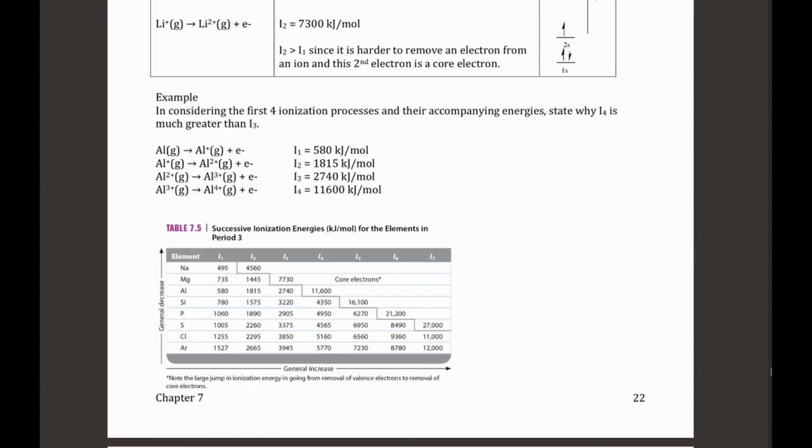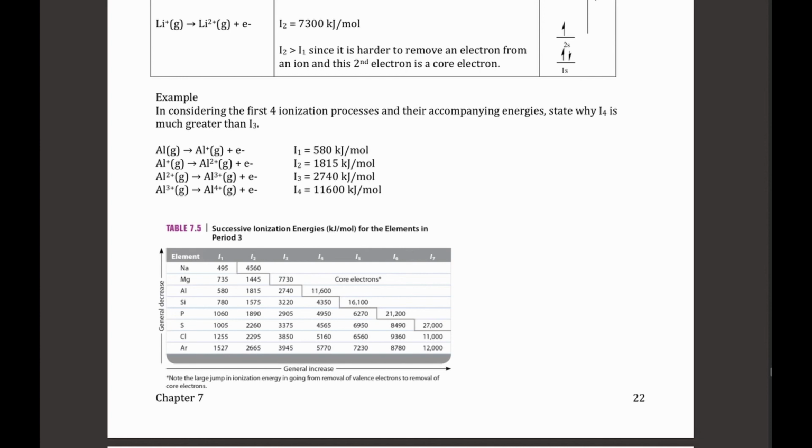Okay, example, in considering the first four ionization processes for aluminum and their accompanying energy, state why E4 is much greater than E3. So we have aluminum losing its first electron, 580 kilojoules per mole, Al plus forming Al2 plus, 1815 kilojoules per mole, so definitely going up. It's harder to remove an electron from something already positively charged.